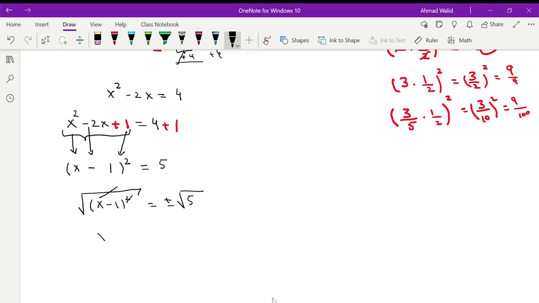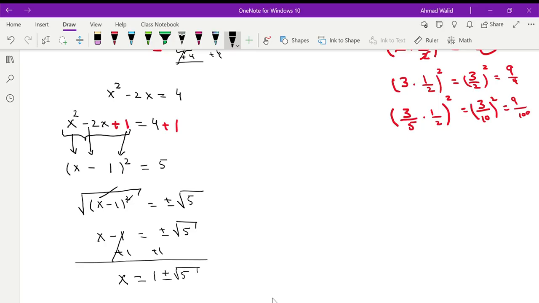It means you end up with x minus 1 equals plus minus the square root of 5, or radical 5. Now add 1 to both sides and you end up with the solution, which is x equals 1 plus minus the square root of 5.